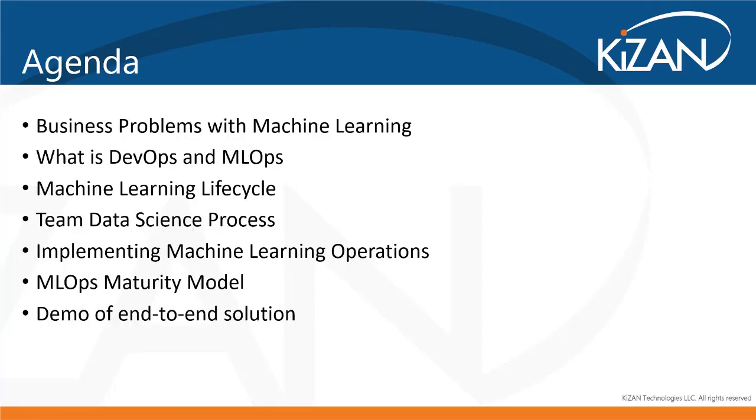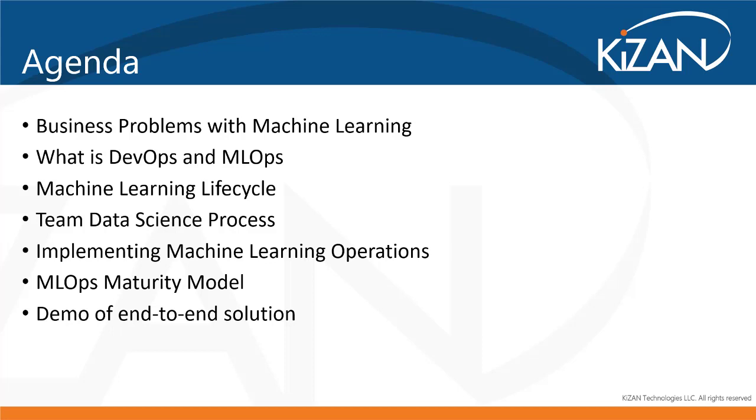Our agenda for this webinar will be the following. We'll start by looking at common business problems we have seen with companies who are getting started with machine learning. Next, we'll take a look at building a foundation with DevOps and how that applies to machine learning.